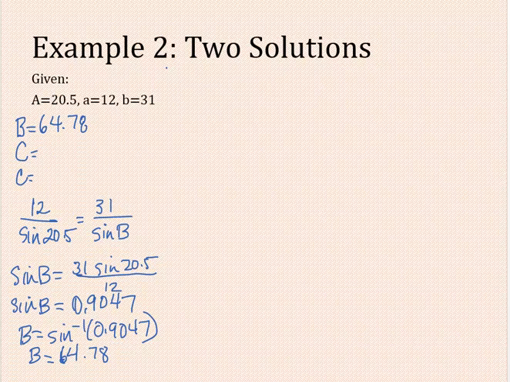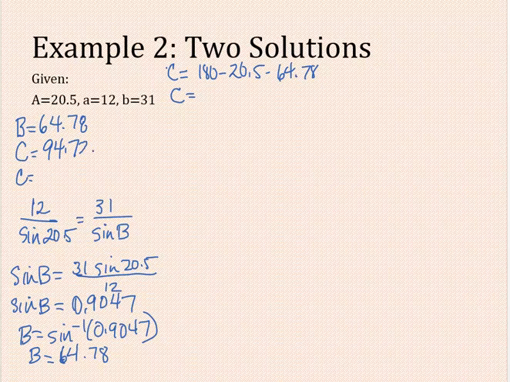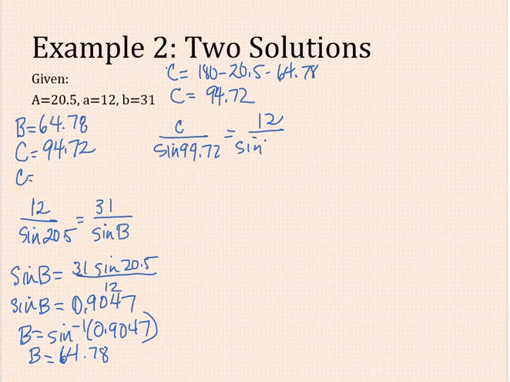Now I know two angles of my triangle, so to find angle C, remember what we did, we take 180 and subtract the two angles we know, 94.72. Now I need to find little c, so I do little c over the sine of 94.72 equals little a over the sine of 20.5, cross multiply, divide.